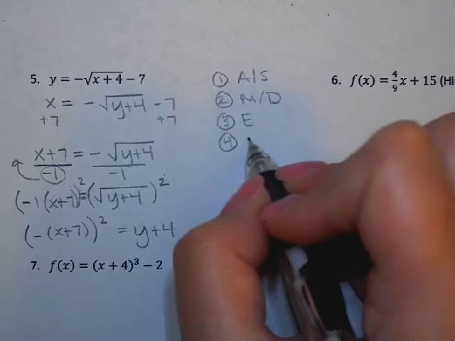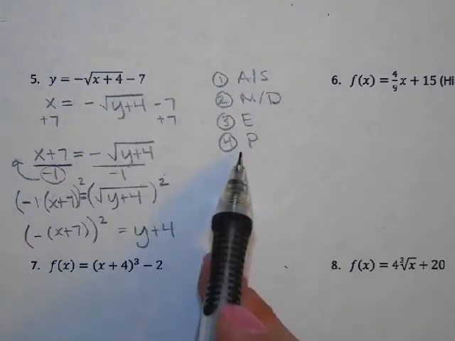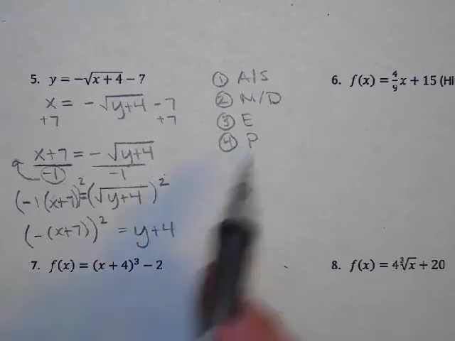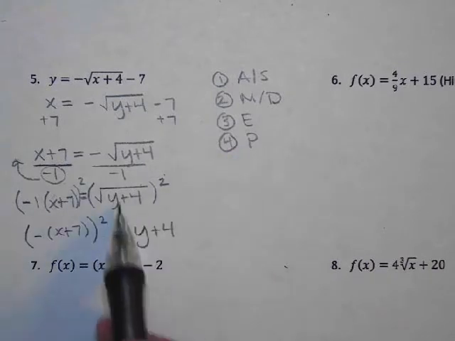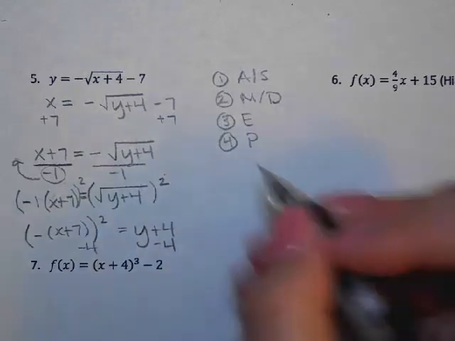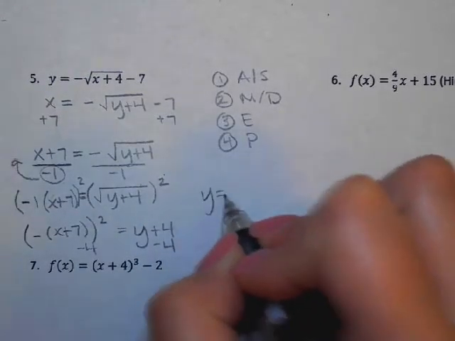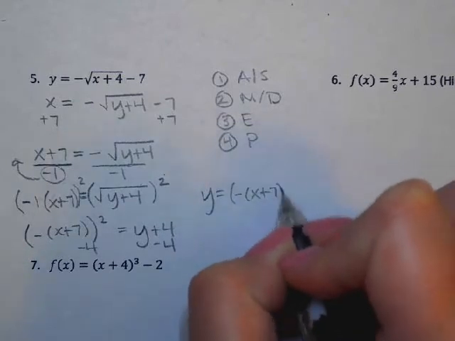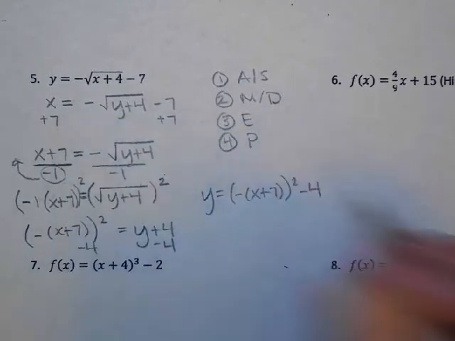And then last is parentheses, and it's basically you're getting at the inside. The inside was the y plus 4, so now we can just subtract 4 off the end. So I'm going to say y equals negative of x plus 7 squared with a minus 4 on the end.